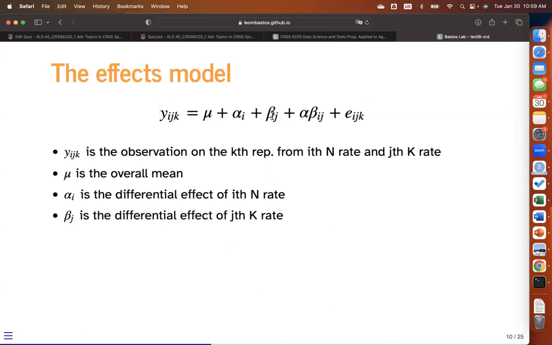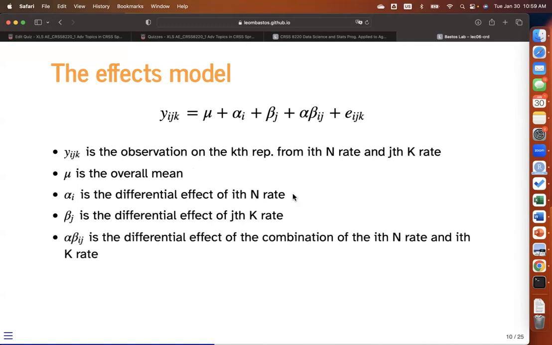We have 3 potassium rates, so j equals 3, and we're going to have 3 beta coefficients, 1 for each one of the potassium rates. So overall mean, main effect of nitrogen, main effect of potassium. This is the interaction term, alpha beta_ij, which is the differential effect of the combination of the ith nitrogen rate and jth K rate. So these would be your coefficients for the interaction between nitrogen and potassium.